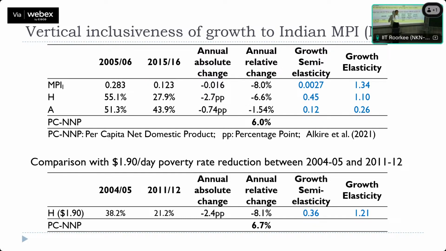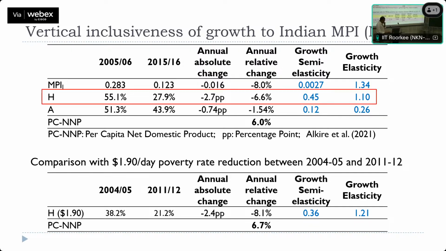Because for income poverty, we have a different period. For the MPI indicators, we have a different period. So unless you annualize, it's not comparable. And here also, this is a growth semi-elasticity of 0.36 and a growth elasticity of 1.21. Now, you cannot compare these figures with MPI because they are different measures.